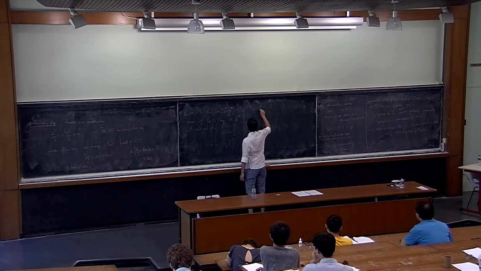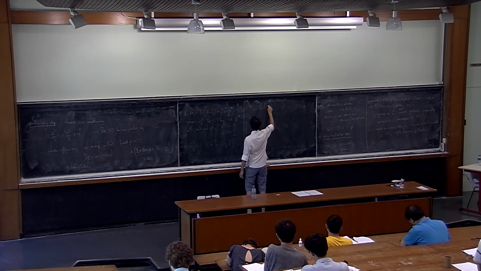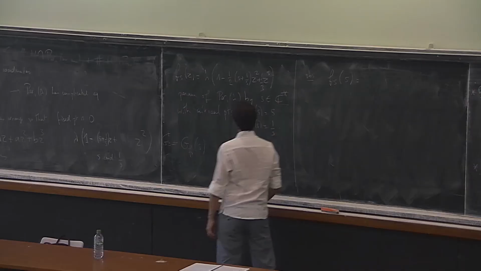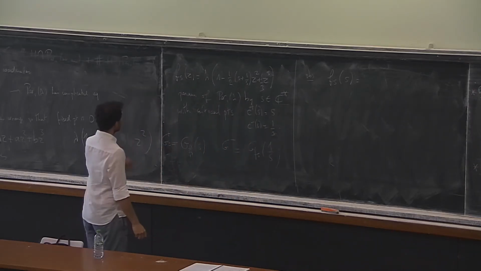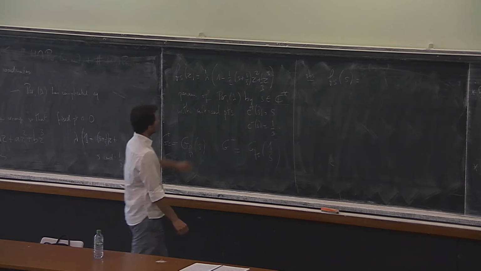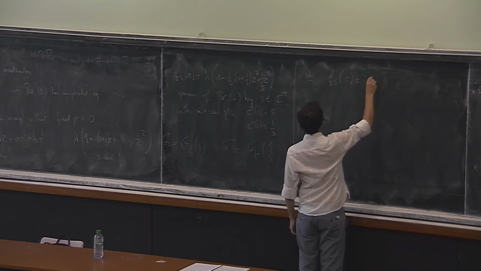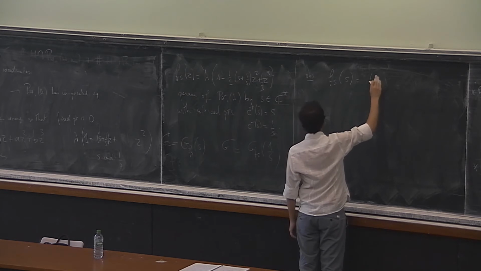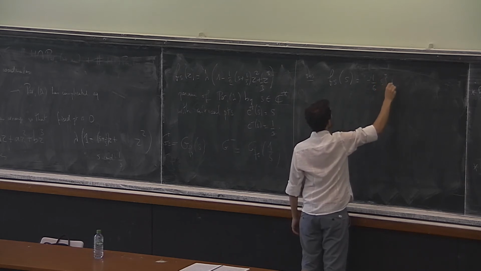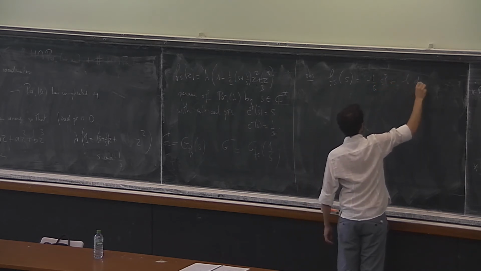If you look at fs of s, look at this formula here, the 1/s disappears. So it is a polynomial in s of the form minus 1/6 of s cubed plus lower degree terms.